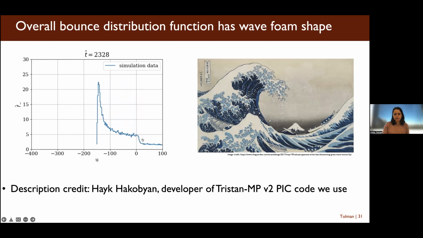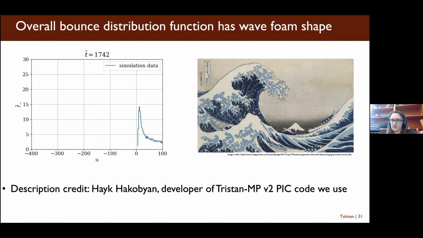There's not that much you can say about this aspect of the physics, but it does look nice. When Heike Hakobayan, who is the developer of our PIC code, saw this, he thought of an ocean wave. So I decided to put in a picture of an ocean wave here, just as sort of an artistic interlude.